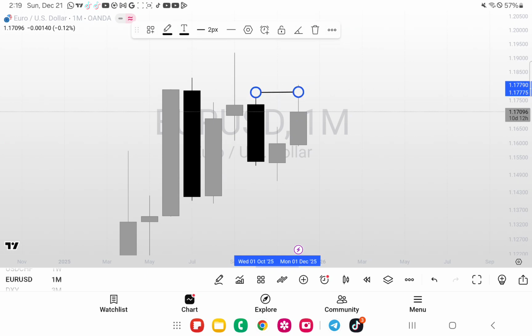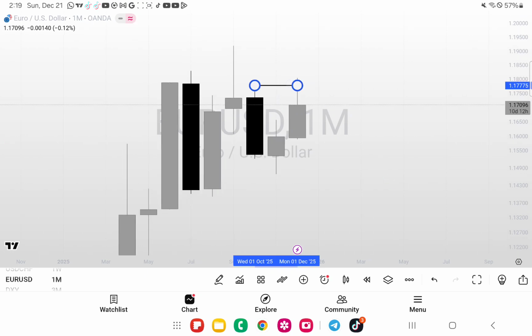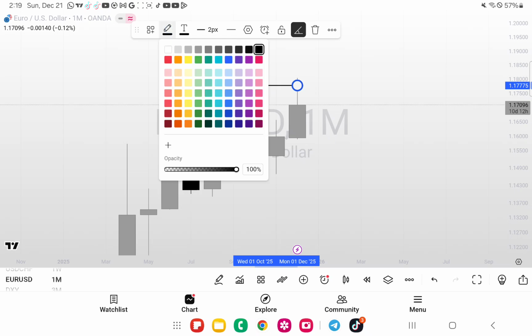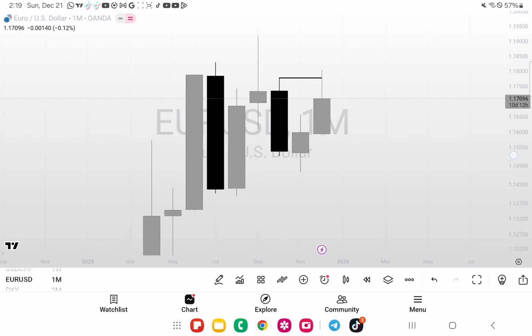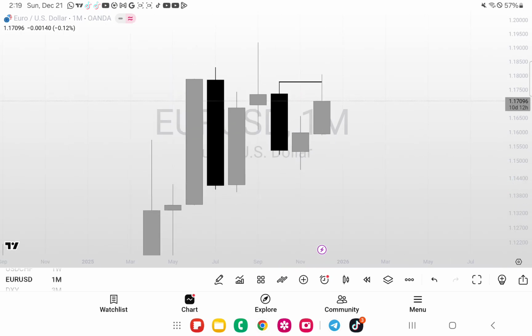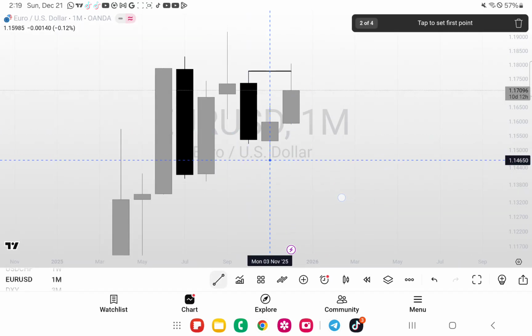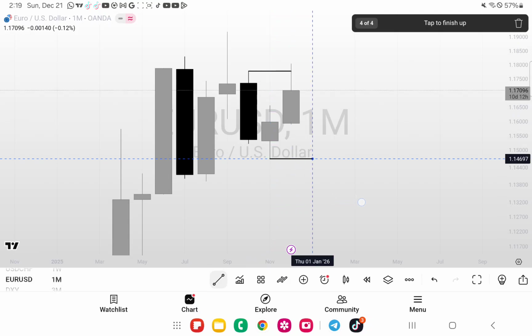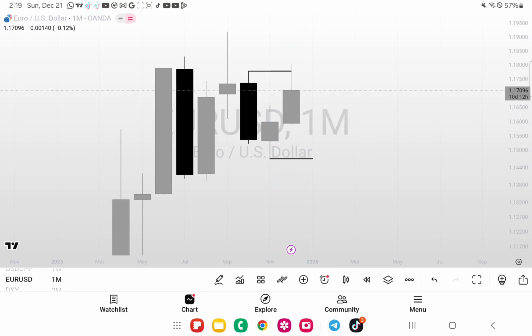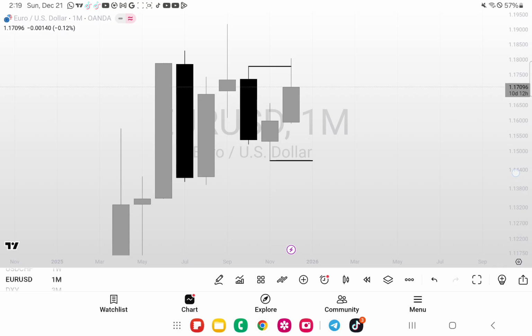This is a key level. That's our rejection that we have there. And this is the next draw on liquidity here. This is also another key level.